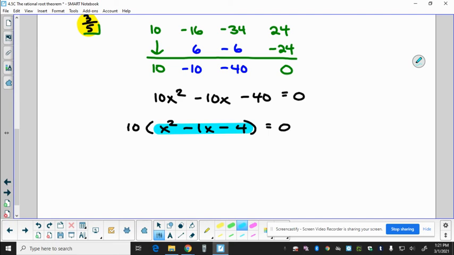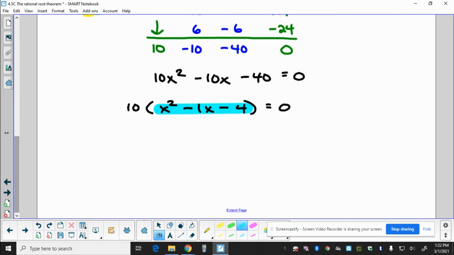But I told you before, once you get to something that's quadratic, it can be solved. You have options: complete the square, or quadratic formula. Now, because the middle term is an odd number, completing the square would be very difficult to do. It could be done, but I think I'm going to rely on the quadratic formula.